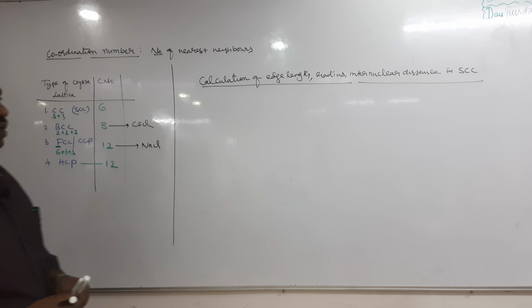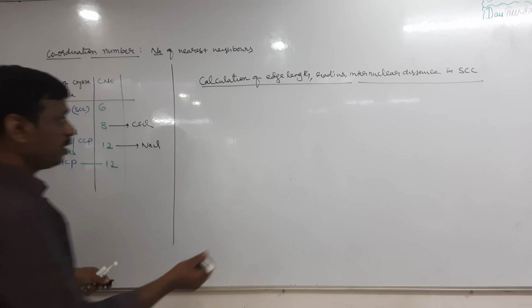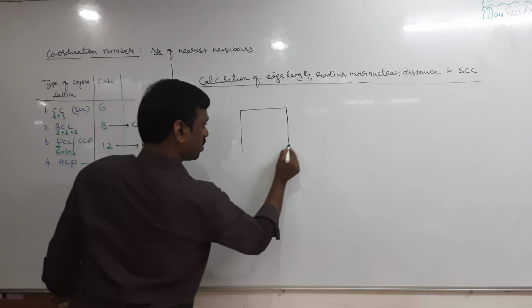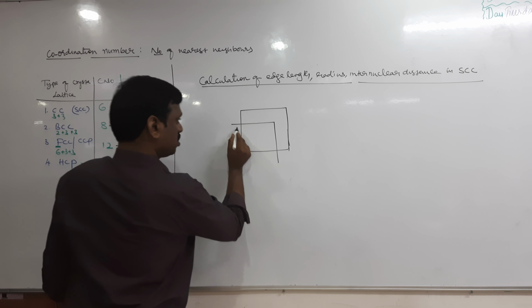Right? So calculation of edge length, radius, internuclear distance in simple cubic crystal. Tell me, we know that in simple cubic crystal, where are the particles present? Particles are present at only corners.